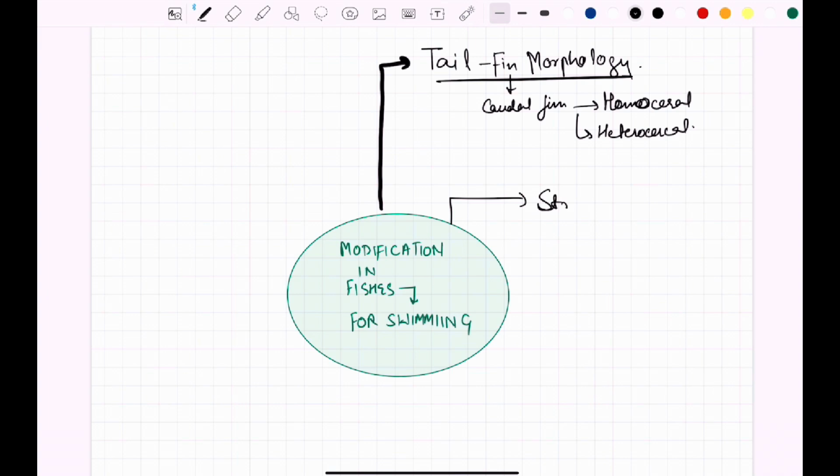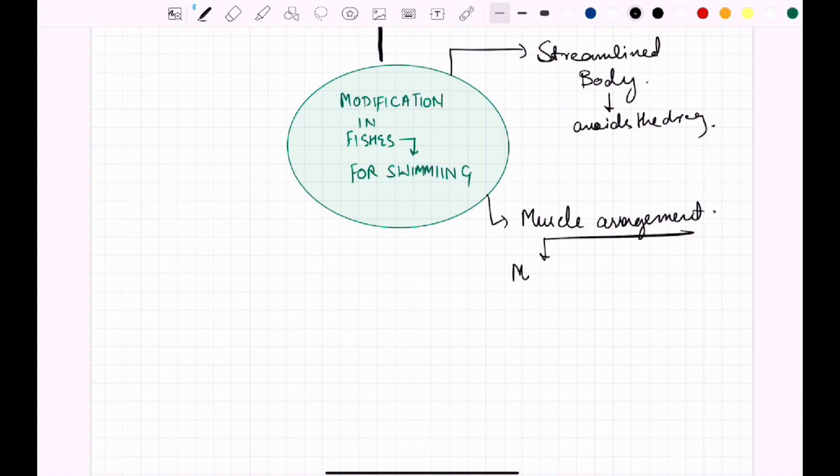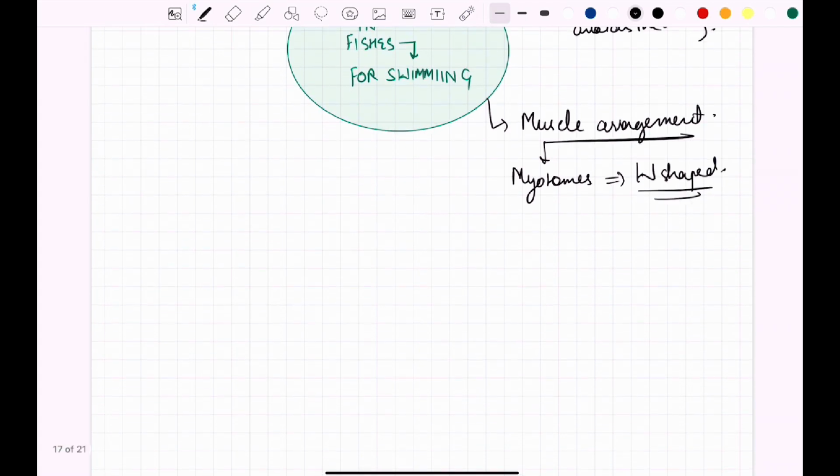The body of the fishes is a streamlined body. The streamlined body helps in swimming and it avoids drag. Then the muscle arrangement. There is the presence of myotomes, and these myotomes are mostly W shaped in the fishes in order to provide an arrangement which helps them to swim easily.